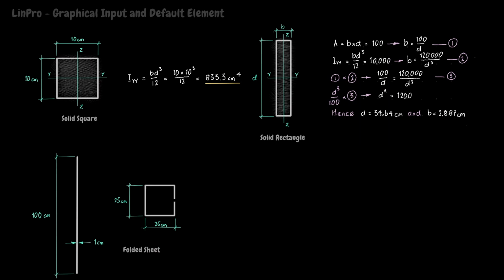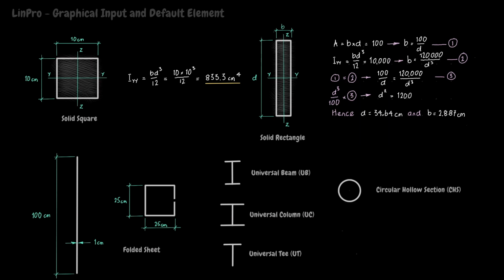But a square is simple, and now is a good time to introduce section tables. Around the world, steel companies make a range of hot rolled steel sections such as universal beams, universal columns, T-sections, circular hollow sections, rectangular hollow sections, etc. The properties of these member types are tabulated in what are known as section tables.